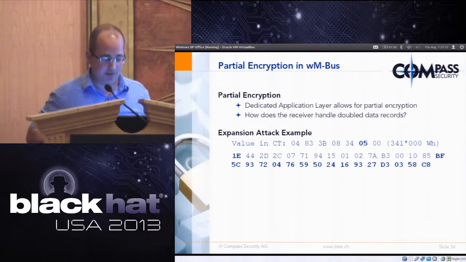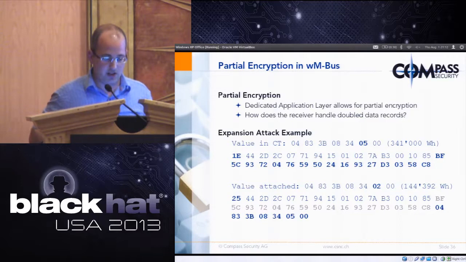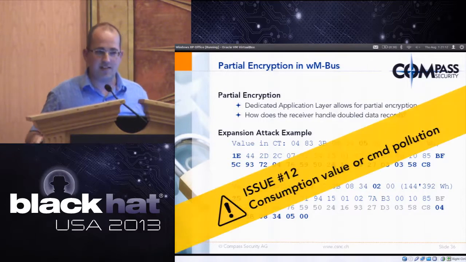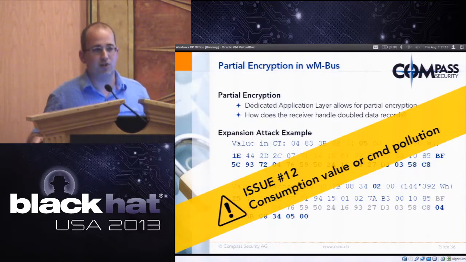Then we just append our own value. So that's actually less consumption. Then it looks that way, and we have to alter the first byte, which indicates the frame's length, and send that to the collector. And actually some collectors accept that, some don't. And we found one which does. And I'm sure there are other ones which do as well.